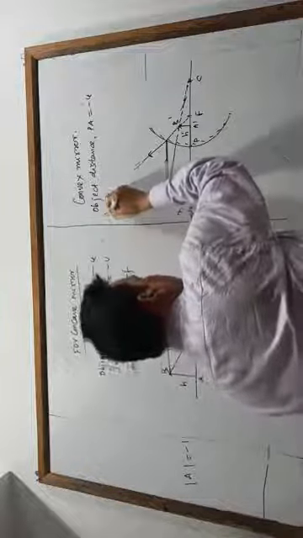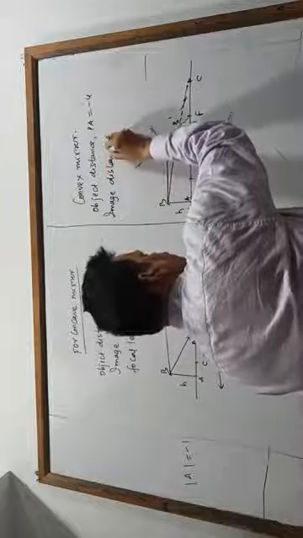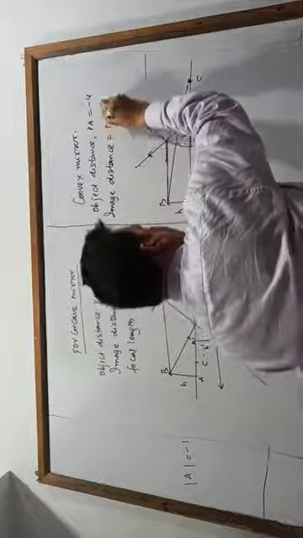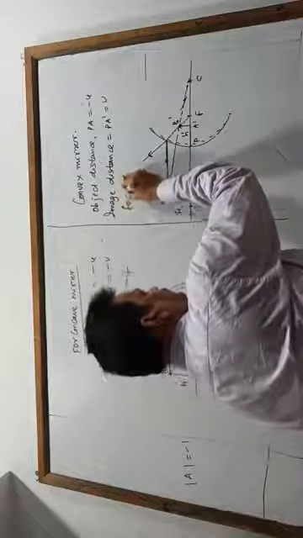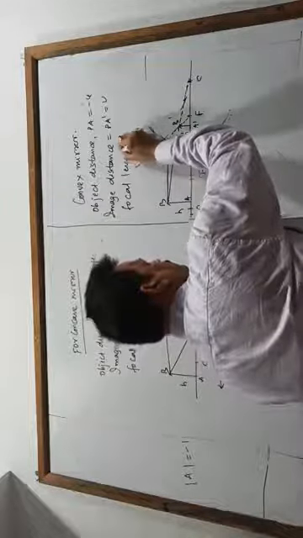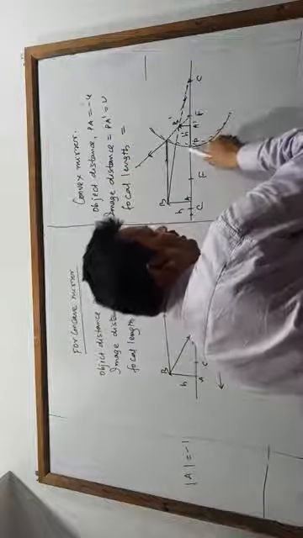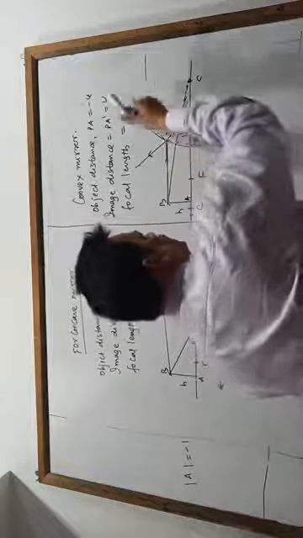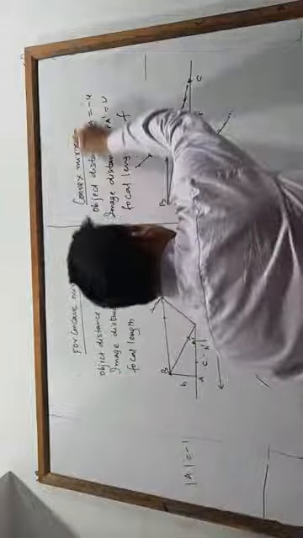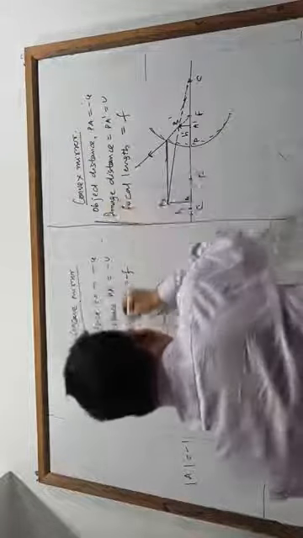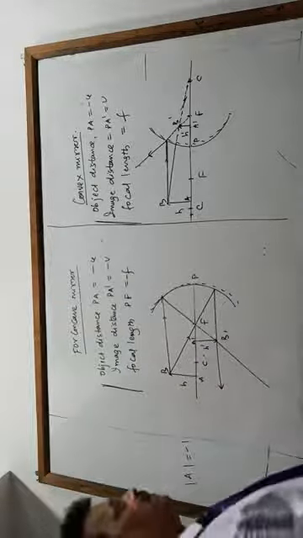So image distance, that is PA dash, which is plus V. Focal length, also pole to focus, that is in the direction of this ray, so that is plus F. So concave mirror, convex mirror, this you have to remember. This is very important for us to remember.